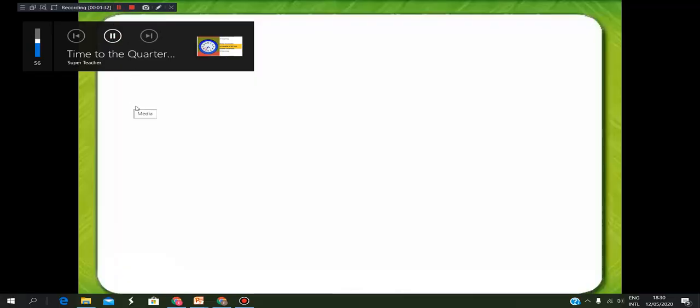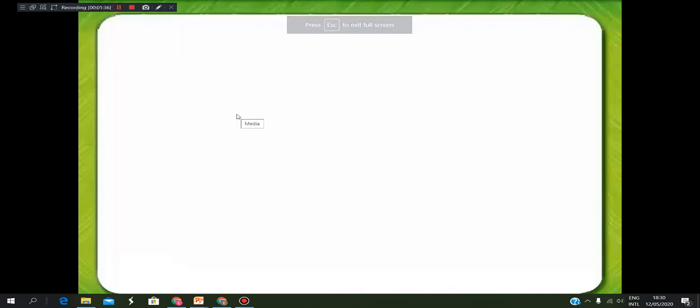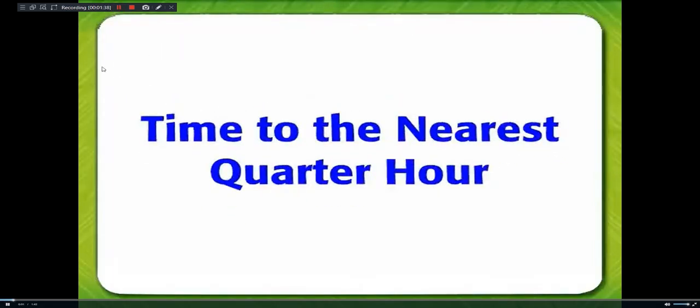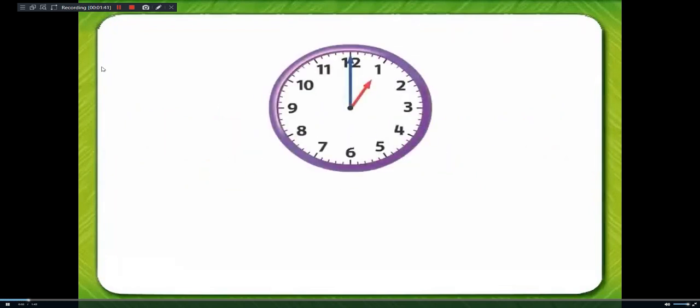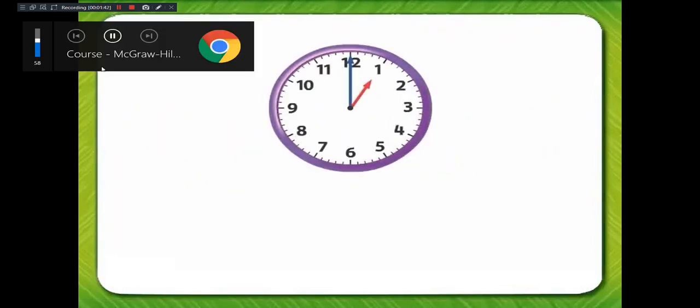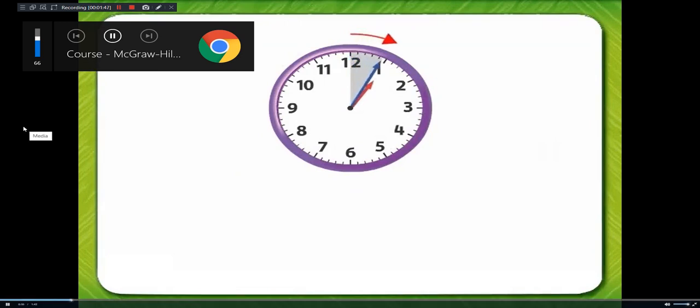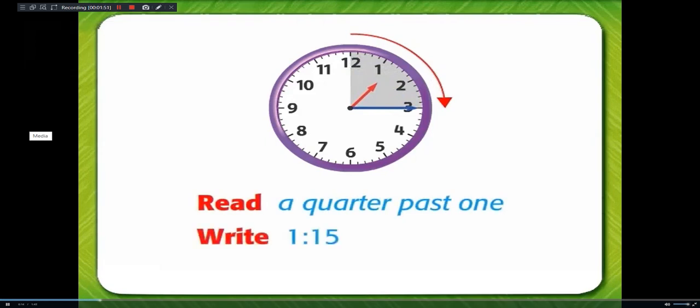Minutes is a quarter of an hour. Time to the nearest quarter hour. Max had a dentist appointment at 1 o'clock. He was a quarter of an hour late and did not arrive until a quarter past 1 o'clock, or 1:15. A quarter of an hour is 15 minutes.